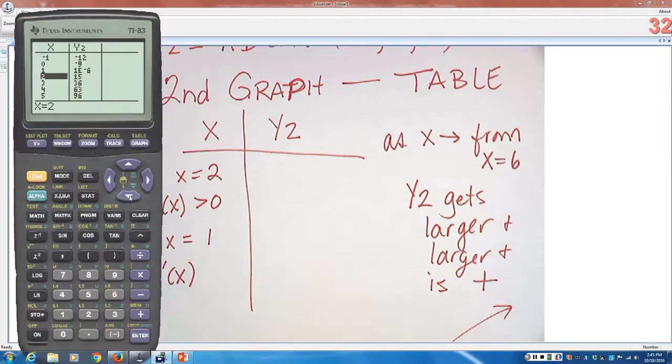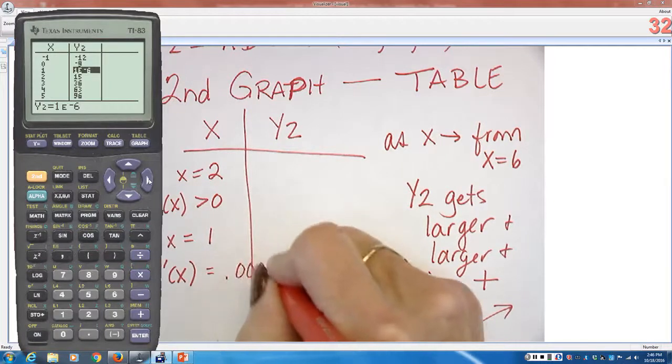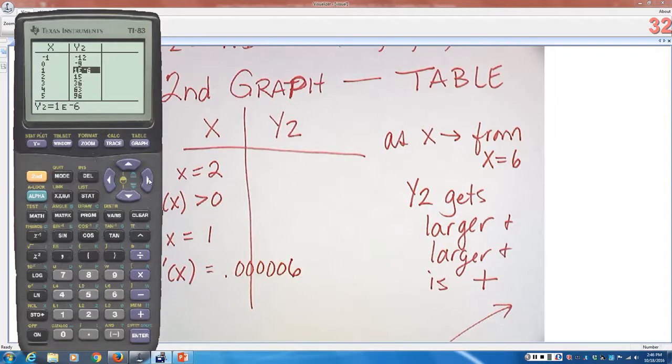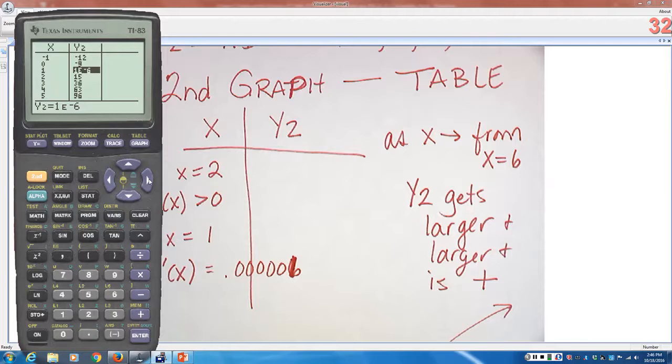What happens as I go from 2 down to 1? Is it still positive? Let's see what that y value really is over there. It says it's 1e negative 6. Oh wait, not 6.1, sorry. What's 0.000001 close to? 0.